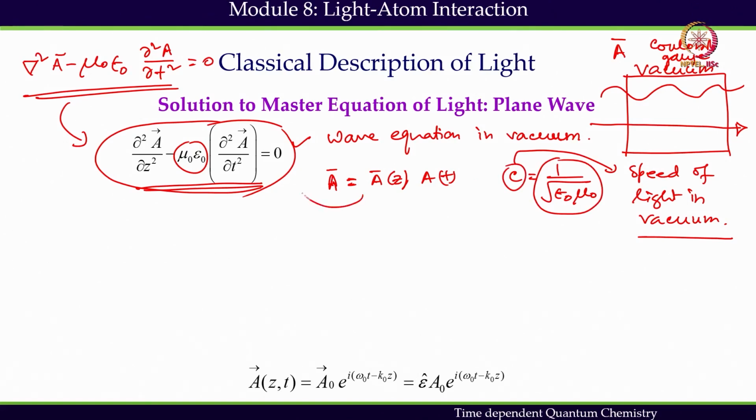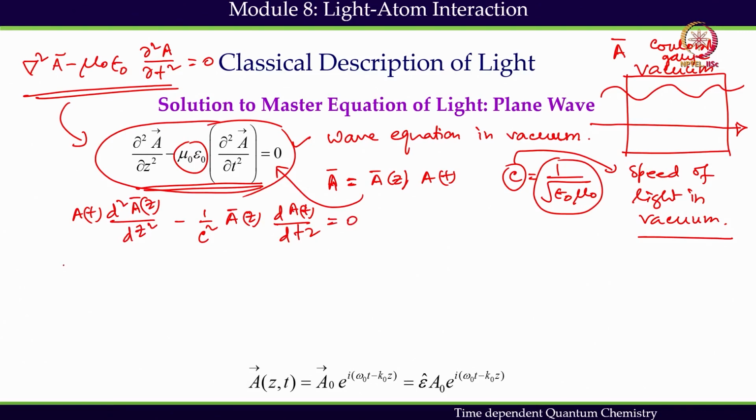So if we now insert this one here, then what I get is the space derivative minus 1 by c square times the time derivative of A. Now this cannot be a partial derivative anymore, so this is going to be a total derivative, and this equals 0.